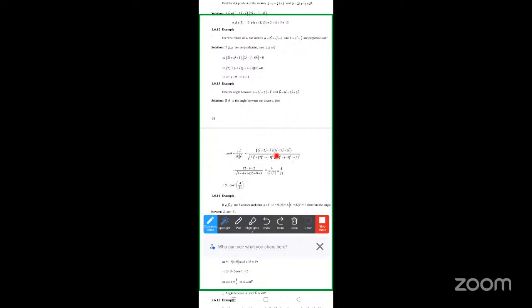So 2 into 6 is 12, minus 6, minus 2, which is 4, divided by the denominator, root 4 plus 4 plus 1, that is root 9, and root 36 plus 9 plus 4, that is root 49. So 4 by 3 into 7, that is 4 by 21. Therefore, cos theta is equal to 4 by 21, and theta is equal to cos inverse of 4 by 21. So this is the angle between the given two vectors.